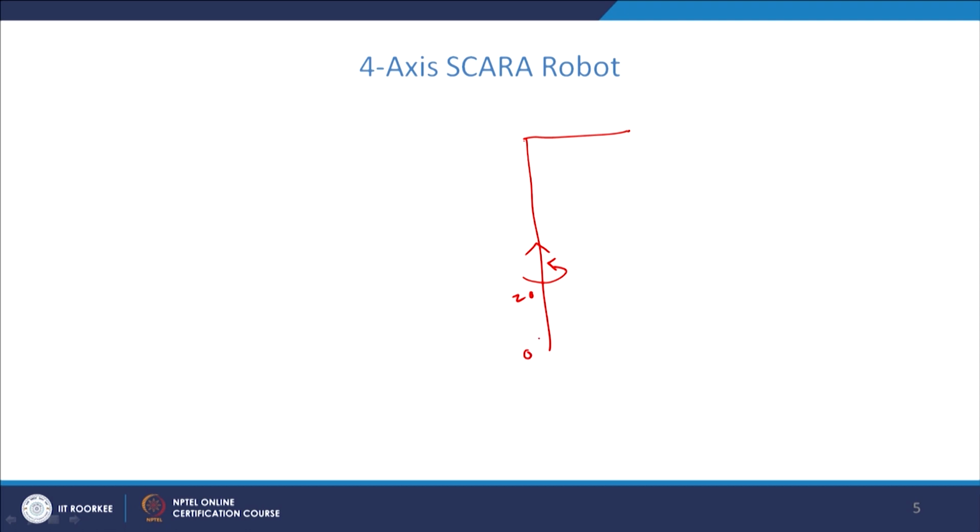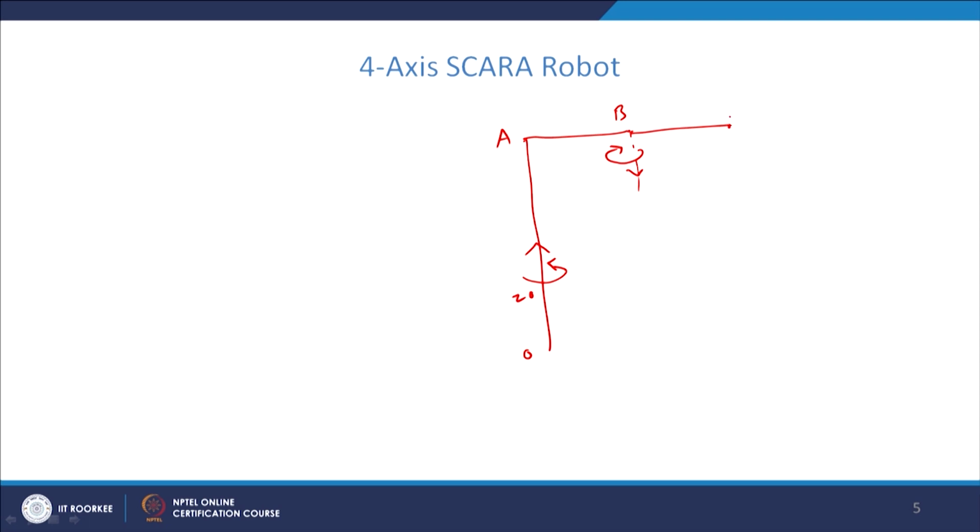We call the base as O and this joint as A, where there is no movement, it is a 90 degree L shaped position. And at this joint B, there is an axis of rotation which is parallel to the Z0 axis in the opposite direction.